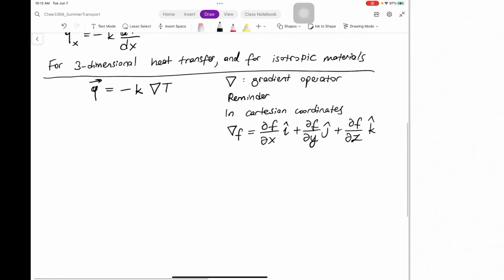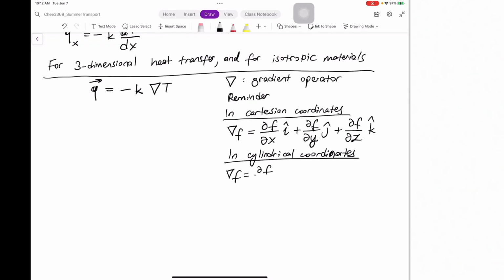In cylindrical coordinates, we have del f equals del f over... So instead of x, y, z, which coordinates am I going to have here?